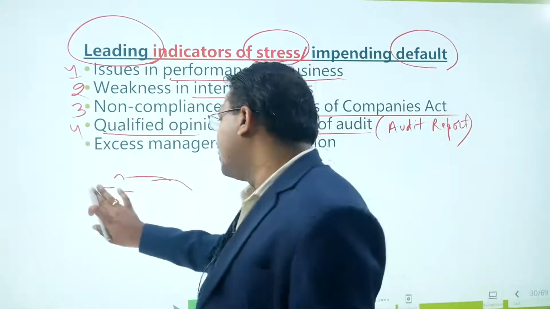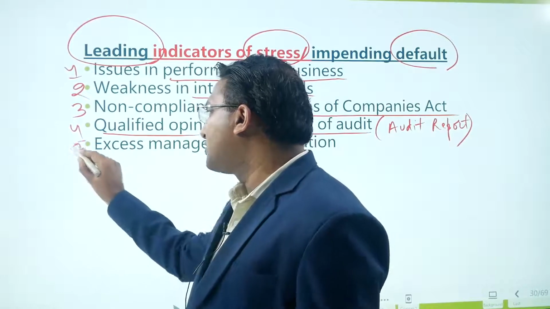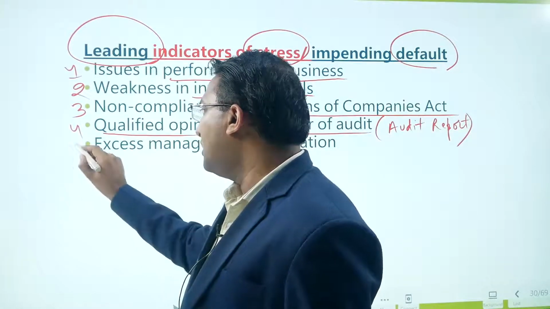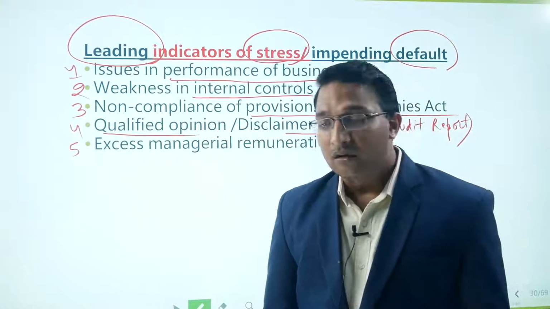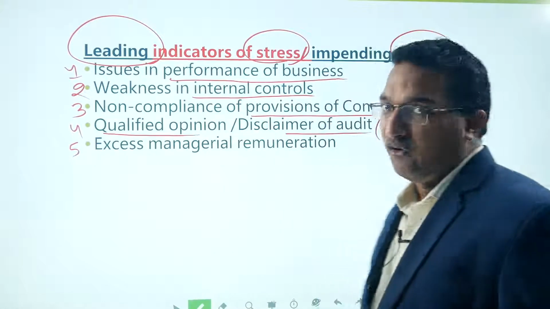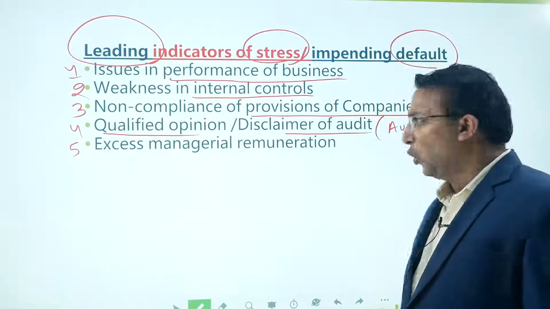Excess managerial remuneration. So in the Companies Act, there is an upper limit on the amount of managerial remuneration which can be given by the company to the top management personnel. For example, CMD, the directors, the CEO, CFO.